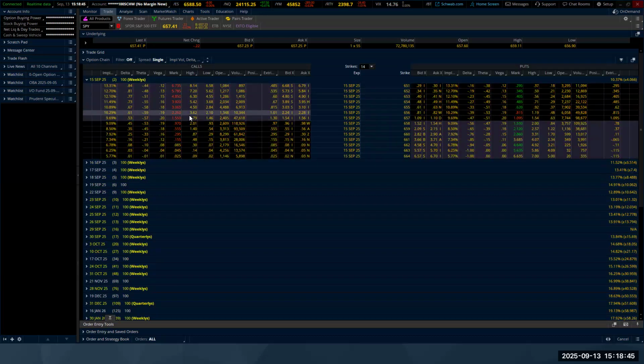If you're a day trader, the same rules apply to weekly options as to any other options: you want to choose liquid underlyings with a high open interest. With SPY on these dailies, you can see they have a couple thousand, more than 750 contracts. So that's plenty of open interest.